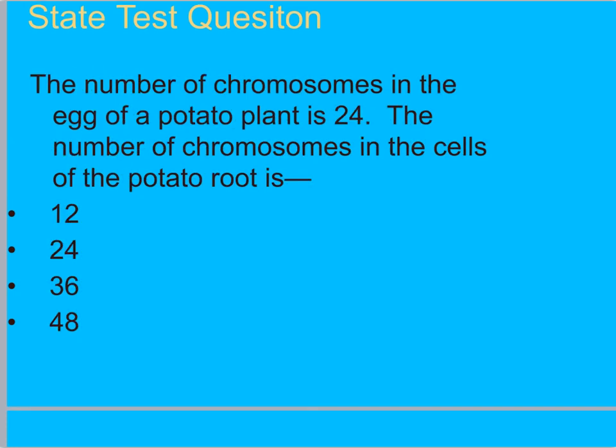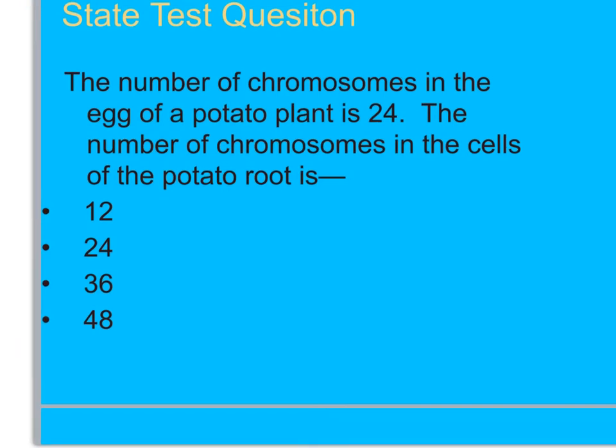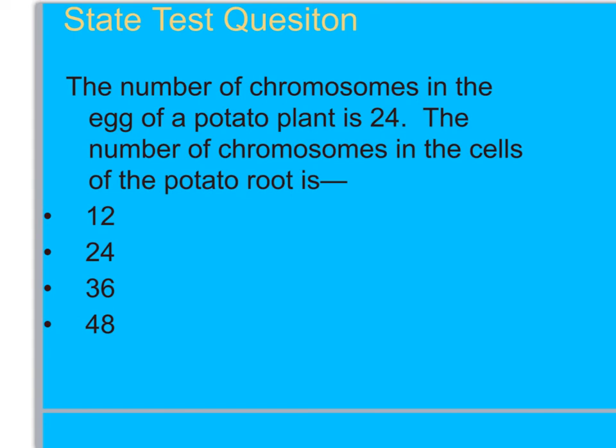So you are very likely to see questions like this. The number of chromosomes in the egg of a potato plant is 24. The number of chromosomes in the cells of the potato root is how many? Okay, so hopefully you know eggs are what kind of cell? Sex cells.